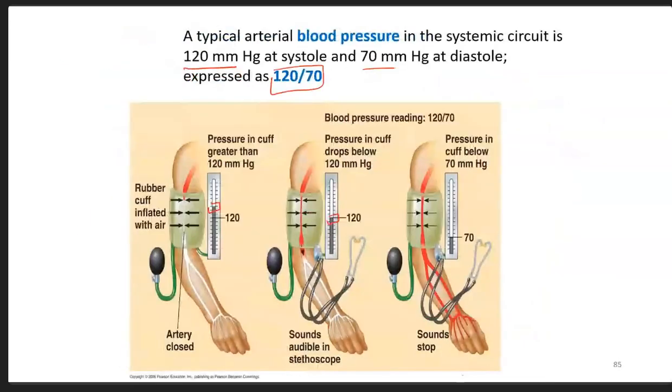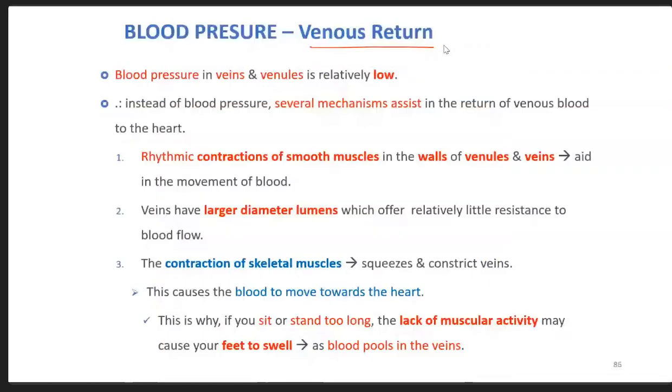Alright. Back to the initial slide for the venous return. So it says here, blood pressure in vein and venules is relatively low. The blood that flows in the vein flows with low blood pressure and also low velocity.